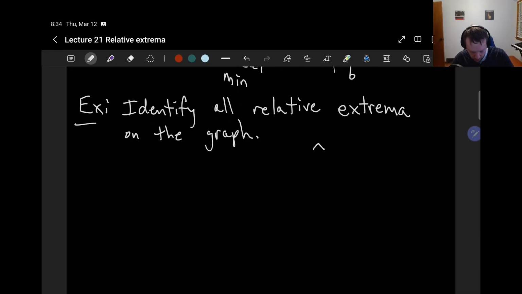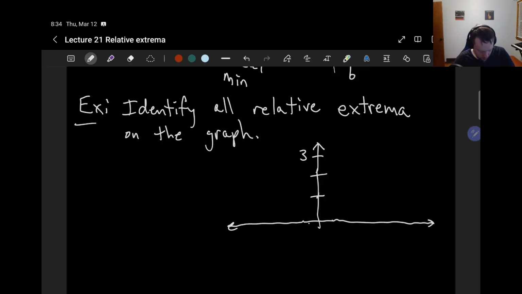And I'll need to be a little precise with my picture. So I'm going to say this is height 3 right here. 2, 1, 0. That's not very evenly spaced, is it? That's a little better.